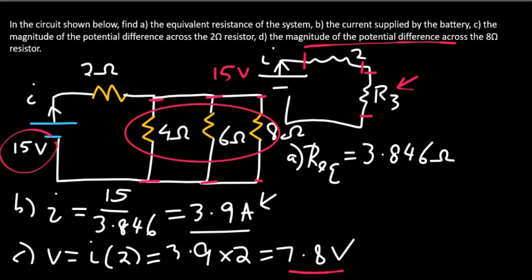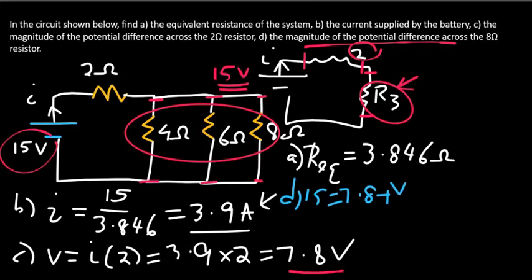So that means 7.8, which is the potential difference across the 2 ohm resistor, plus the potential difference across the R3 resistor must sum up to 15. So let's write that down. 15 equals 7.8 plus the potential difference across the R3 resistor.